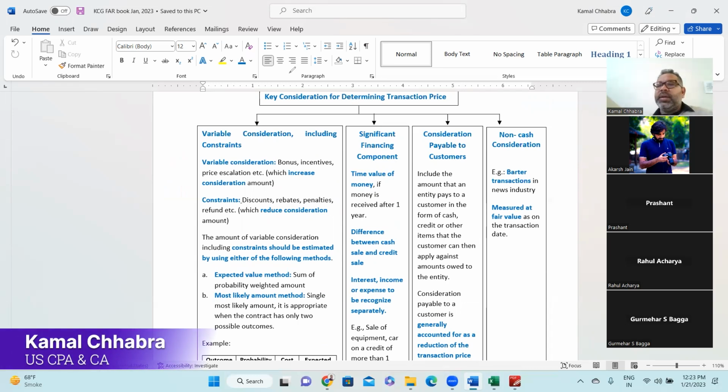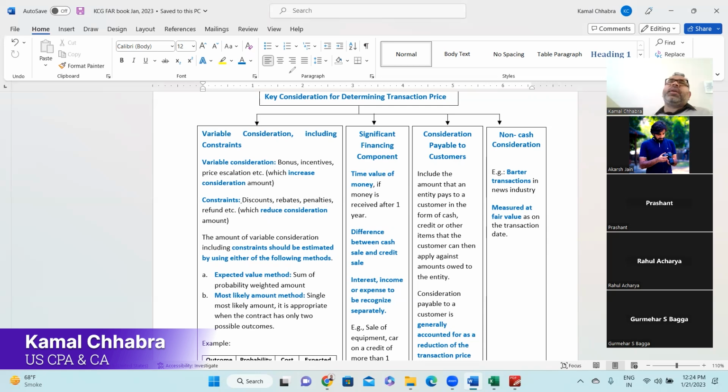Now jumping on to the second pillar, which is significant financing component, where in a sales transaction a significant financing component is involved, then you need to segregate that financing component and recognize the revenue of the financing component as interest income or finance income rather than your business income, rather than your operating income.